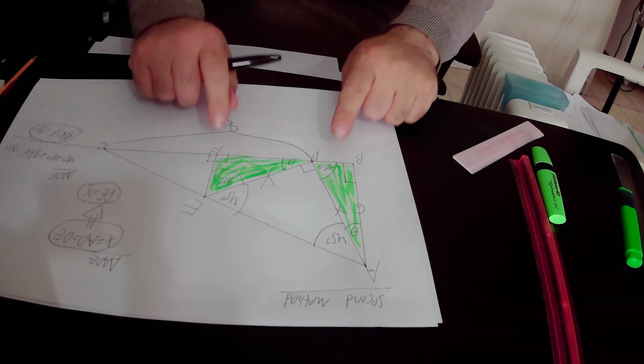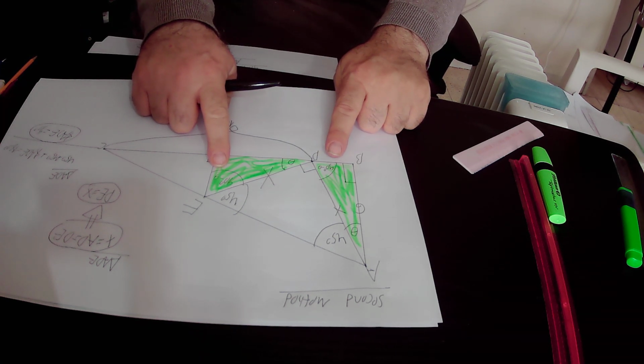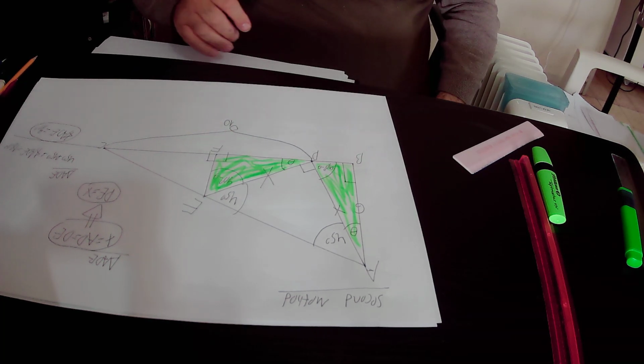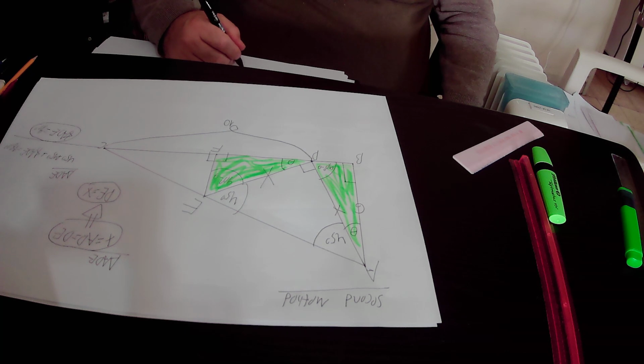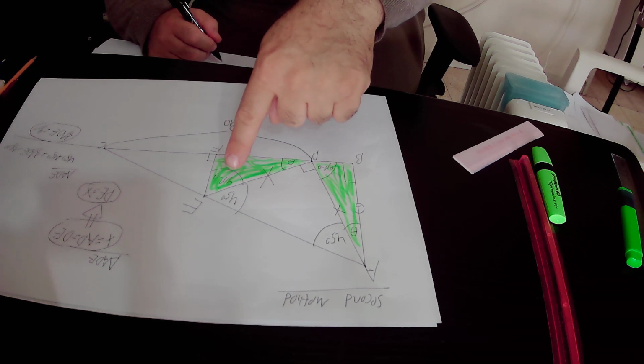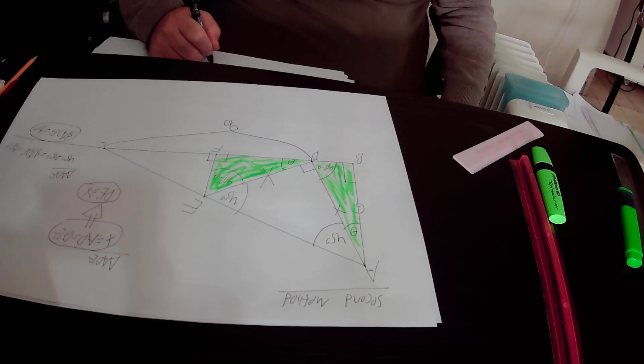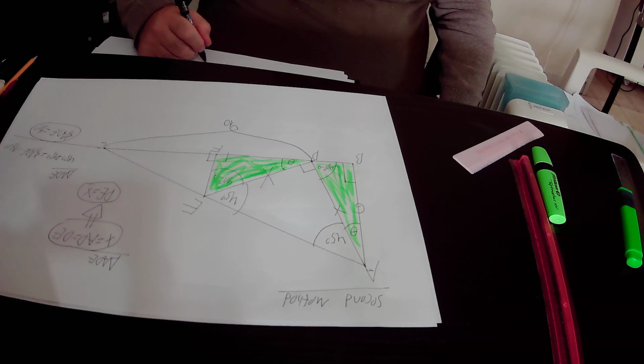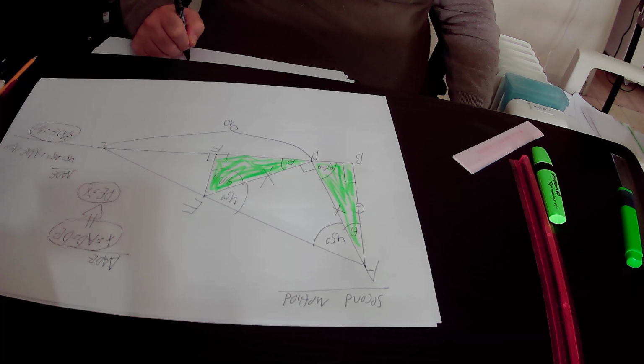And those two angles are also equal to each other. They are both equal to 90 degrees minus theta. So angle ADB, this angle, is equal to this angle, this is actually angle DEF, and they are both equal to 90 degrees minus theta.